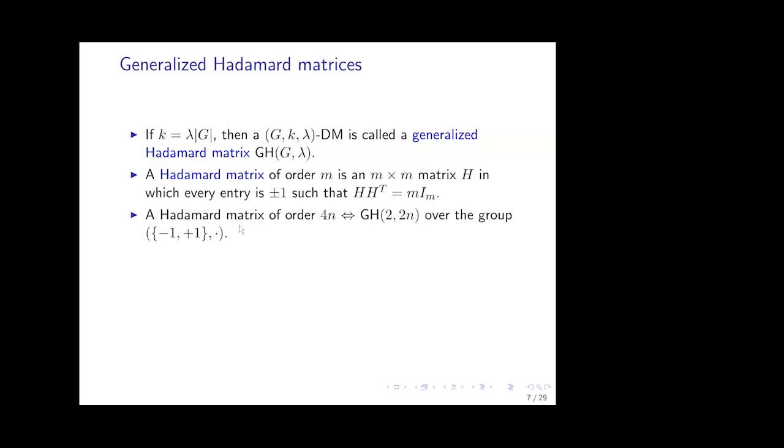A Hadamard matrix of order 4n is equivalent to a generalized Hadamard matrix where each element is defined on the group of order 2. That is to say, 1 or minus 1 are the two elements of the group, and the multiplication is 1 times 1 is 1, minus 1 times minus 1 is 1, 1 times minus 1 is minus 1. It's easy to check. It is equivalent.